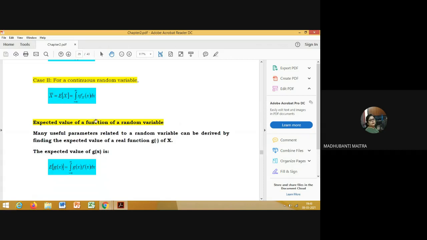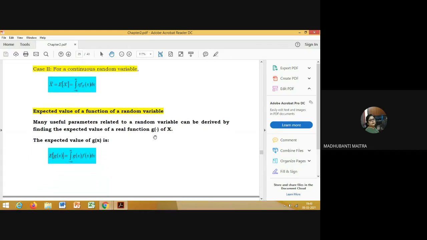Now we can define any function of the random variable and find out the expected value of the function of the random variable. So many useful parameters related to a random variable can be derived by finding the expected value of a real function g(x), right? The expected value of the real function g(x) is defined as the integration from minus infinity to infinity of g(x) f(x) dx.